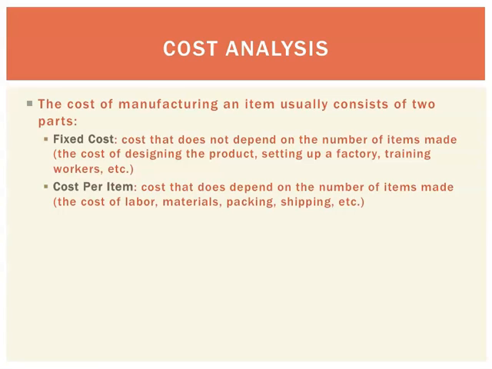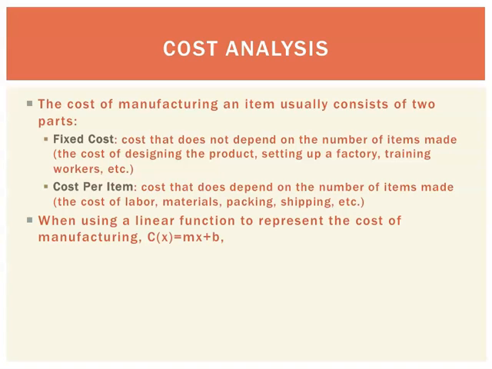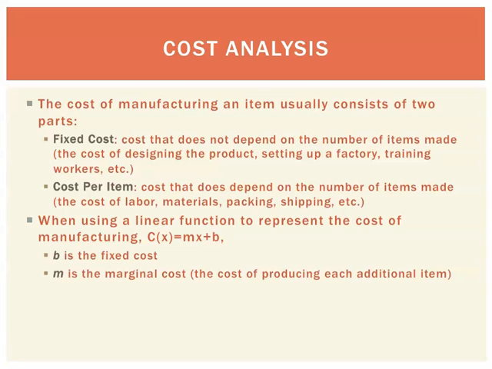Now, when you're using a linear function to represent the cost of manufacturing, we typically will use b as the fixed cost and m as the marginal cost. So marginal cost is another way to talk about the cost of producing each additional item.